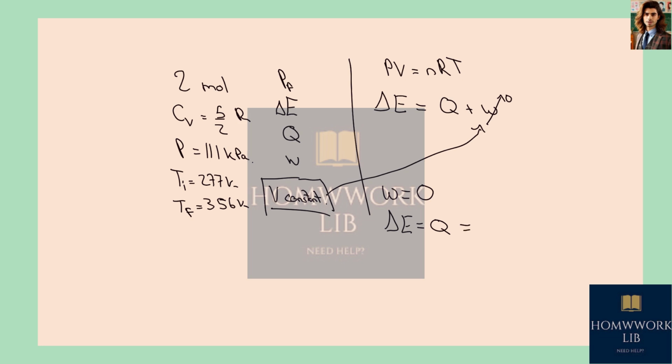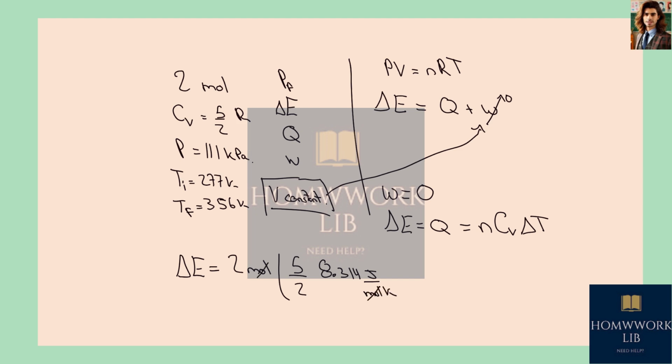And in this case, since we are dealing with an ideal gas and we are assuming that Cv is going to be kept constant at all temperatures, this corresponds to nCv delta T. So the change of internal energy would be 2 mole times 5 over 2, the gas constant, that is 8.314 joules per mole Kelvin.